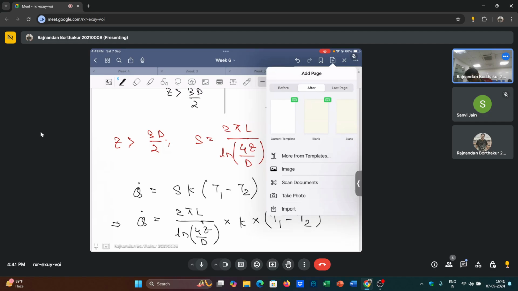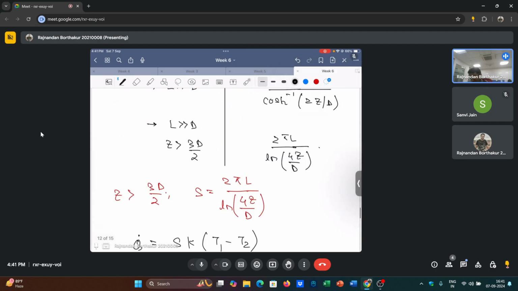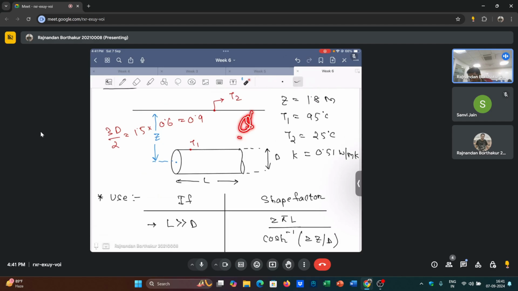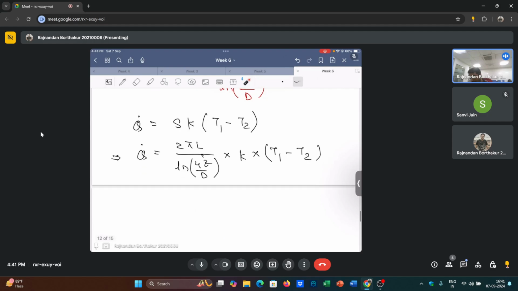Since they're asking to find the rate of heat transfer per unit length, we'll bring the length to the other side, and this becomes Q dot by L equals 2 pi by ln of 4z by d, times k times T1 minus T2.